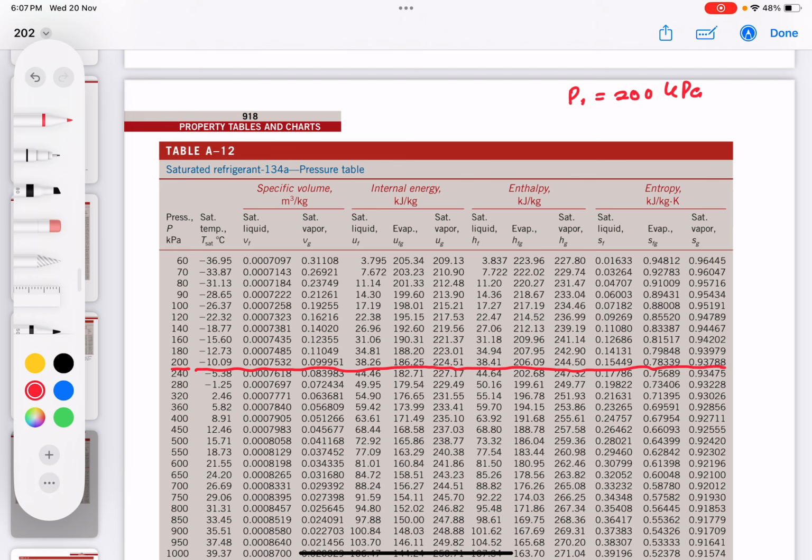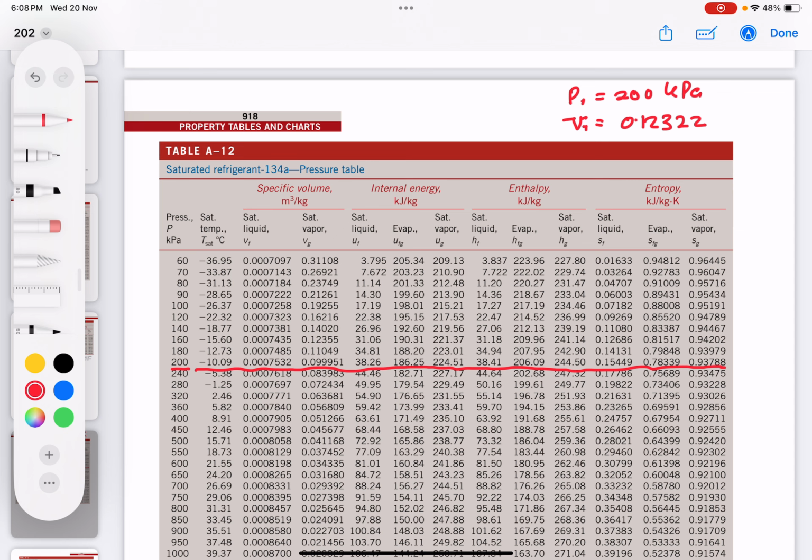And then I also have the specific volume V1 equals 0.12322. If you notice, my V1 is much bigger than this one, which is just 0.099. Multiplied by 100, it's going to be 12.